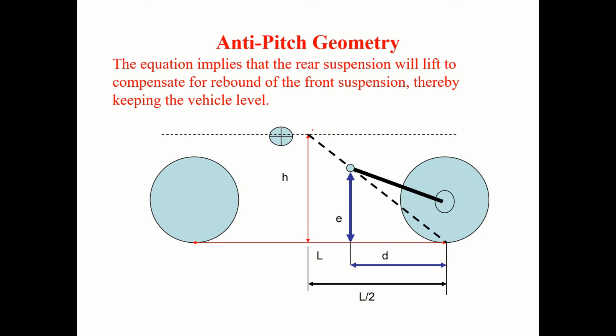Then I can form a triangle. I can join these 2 points. Suppose I connect this arm to any point over here. Any point. It can be here, it can be here, anywhere. Correct? So now this equation gets satisfied. Then the anti-pitch condition is satisfied. Then it is anti-pitch.